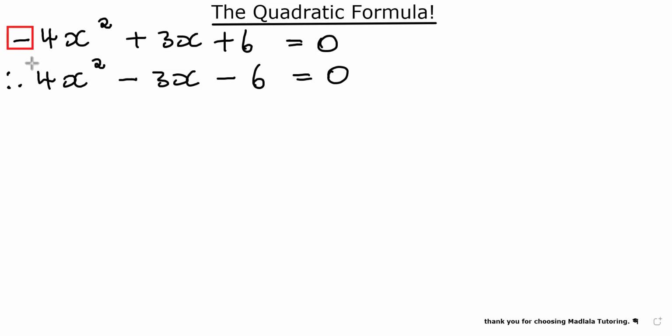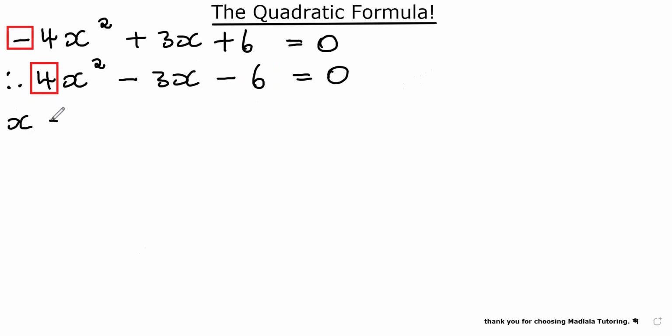And notice that it's not possible for you to divide throughout by 4 because now you're generating fractions. You'll be having 3 over 4 and 6 over 4. And we try by all means not to work with equations that involve fractions, all right?